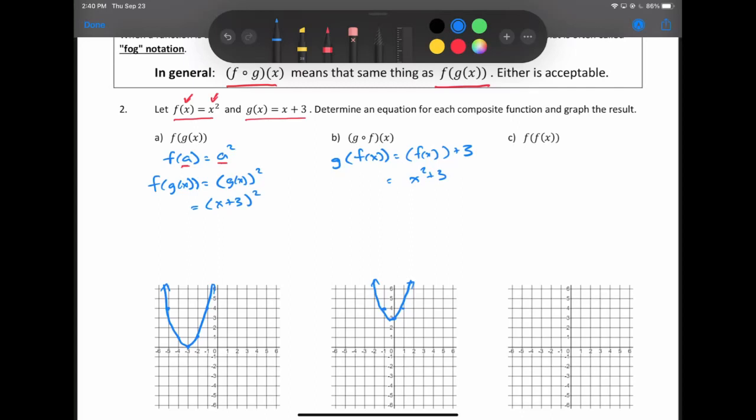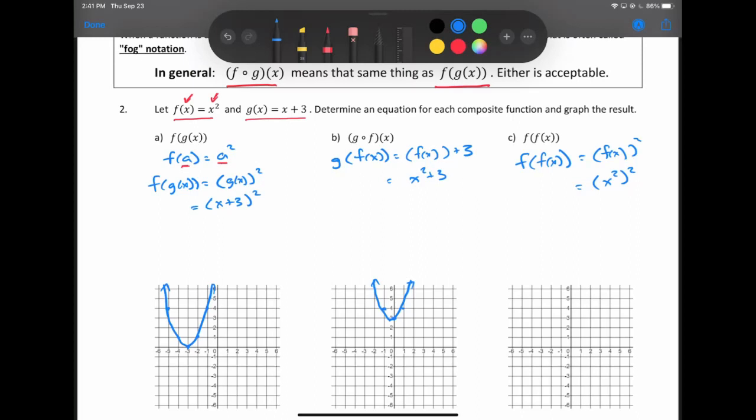All right, well, what about f at f at x? F at anything is that thing squared. So now it's f at x that we're squaring. And since f at x is x squared, it's just x squared squared. Another way to think about this is f at x and g at x are functions.